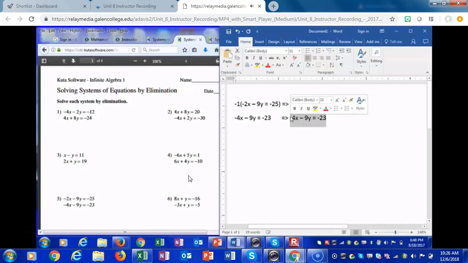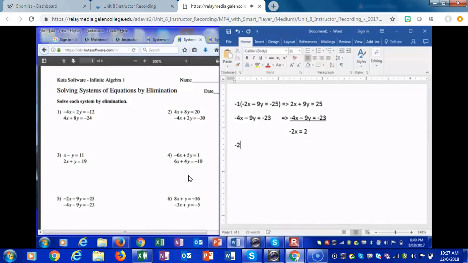Draw a line underneath it, because now we're going to either combine or eliminate. Our y's eliminate. 9 minus 9 is 0. Next line. Negative 4x plus 2x is negative 2x. That equals, remember the y's are canceled, 25 minus 23 is just 2.